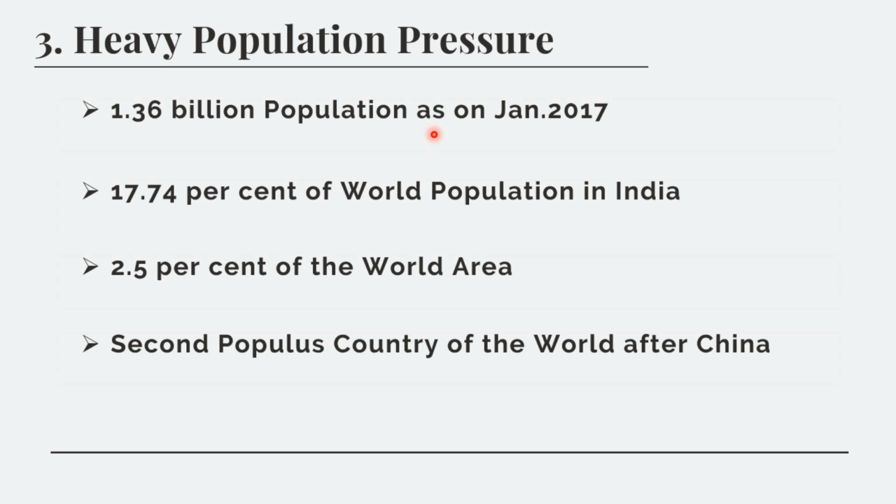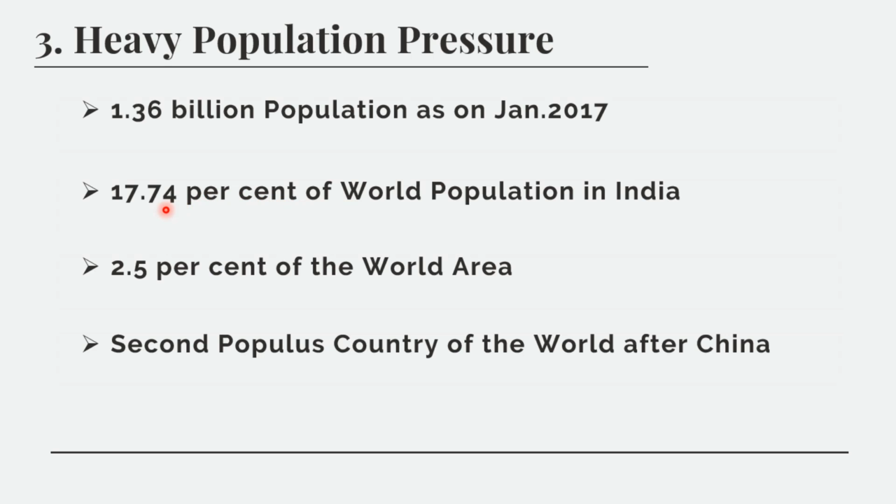The second important fact I would like to mention here is the proportion of India's population in comparison to total world population. The proportion of India's population is 17.74%. It means that out of total world population, 17.74% of people are residing in India.